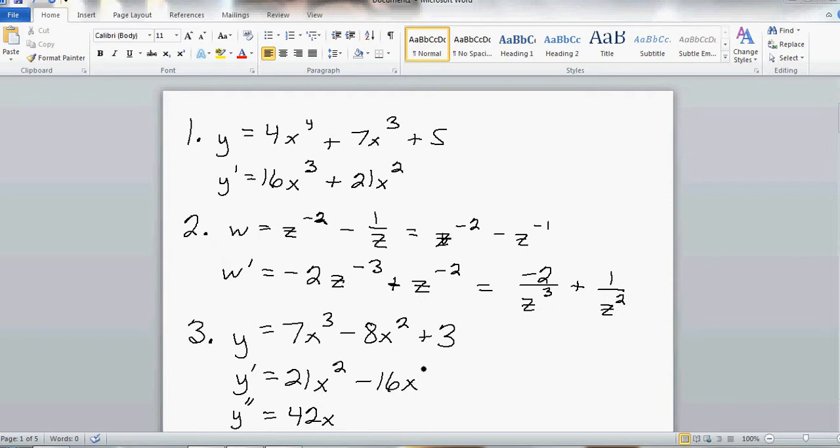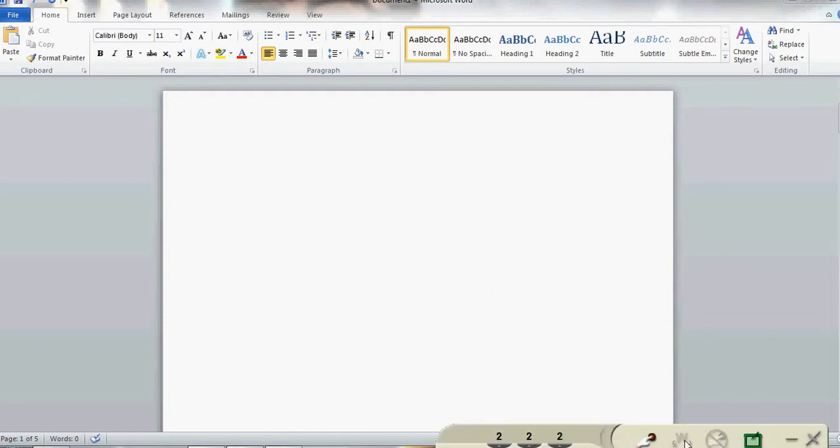Now here I'm going to take the 1 that's implied here. 1 times negative 16 is negative 16. Subtract 1 from the exponent, so that becomes x to the 0, or 1. And so it becomes 42x minus 16. The second derivative, y double prime, equals 42x minus 16.